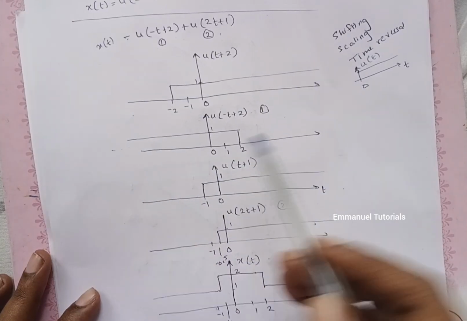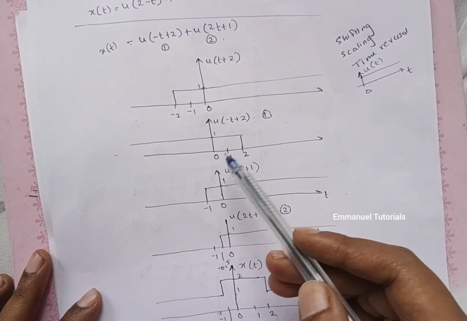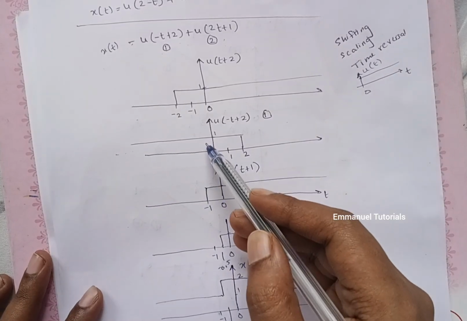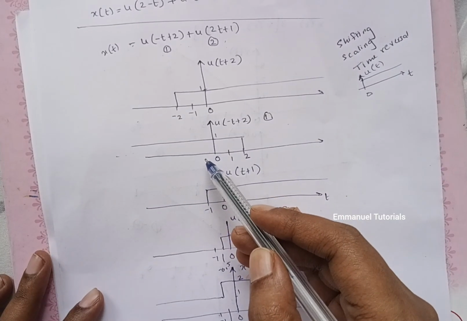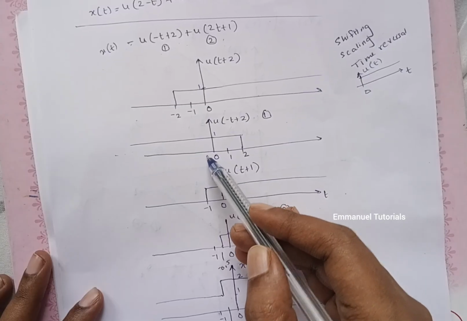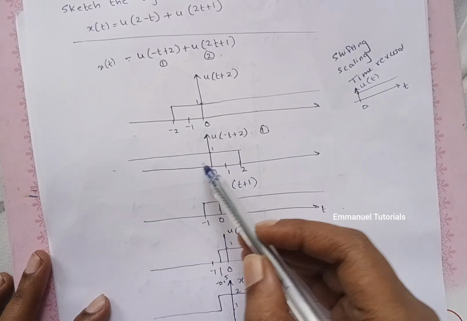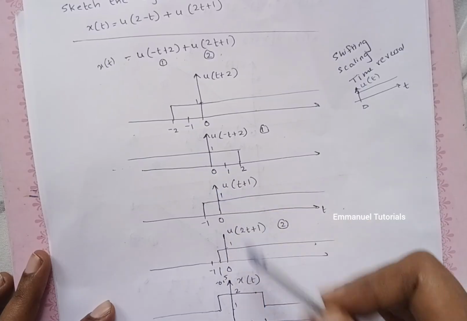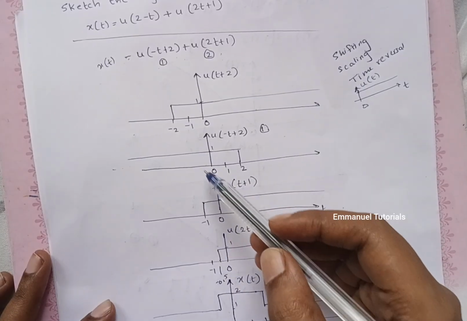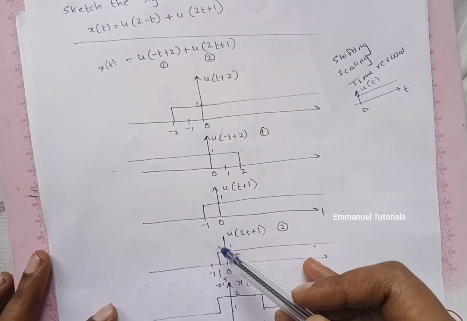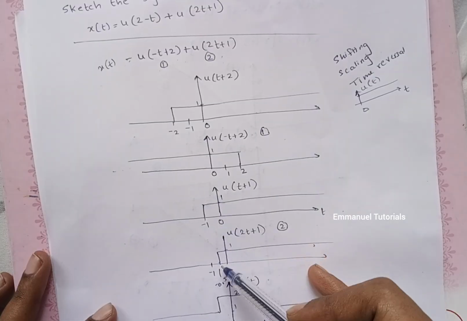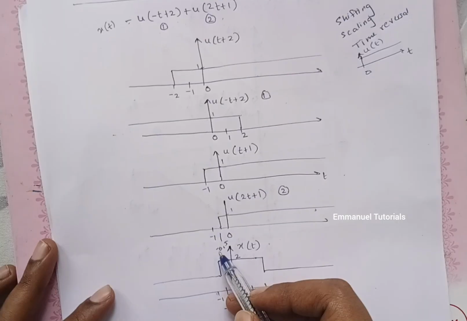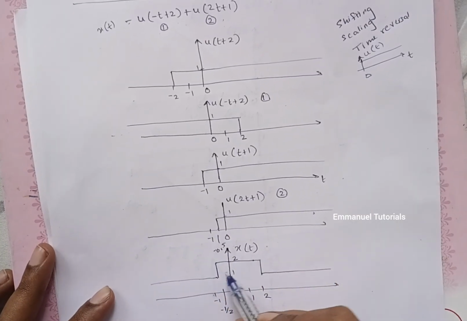So from minus infinity to minus 0.5, or the point before minus 0.5, it's going to be 1, because 1 plus 0 is 1. And at 0.5, first signal's amplitude is 1, second signal's amplitude is also 1. So 1 plus 1 is 2, and it's a step signal, so we are going to take a step upward.